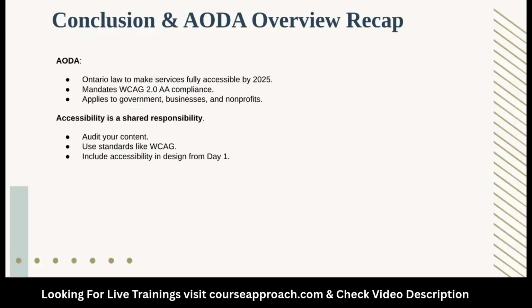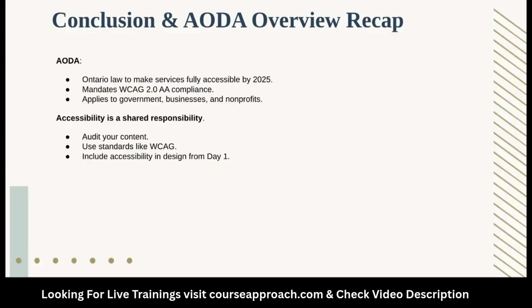Let's recap and conclude what it is about. We have gone through the AODA, the Accessibility for Ontarians with Disabilities Act. What they want is for the law to make things fully accessible by 2025. They mandate WCAG 2.0 Level AA compliance.